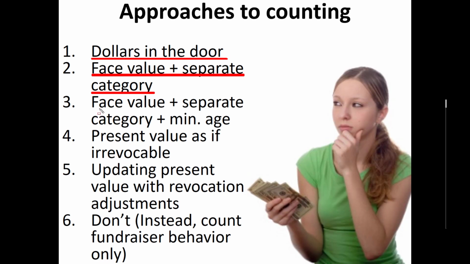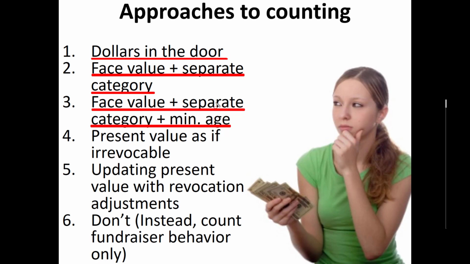We could do face value plus a separate category plus a minimum age. That's where I say, okay, if I estimate that gift today is worth $1 million, or if I just say, look, that gift tomorrow is going to be worth $1 million, right? We don't even have to present value it.